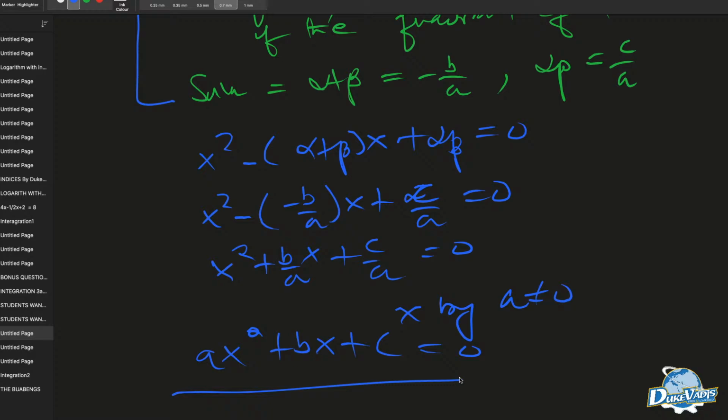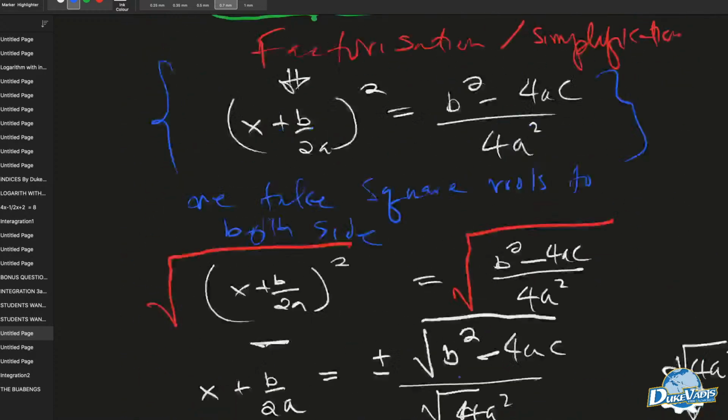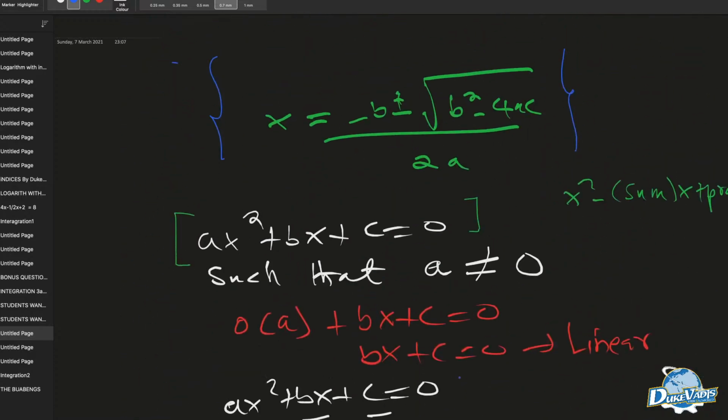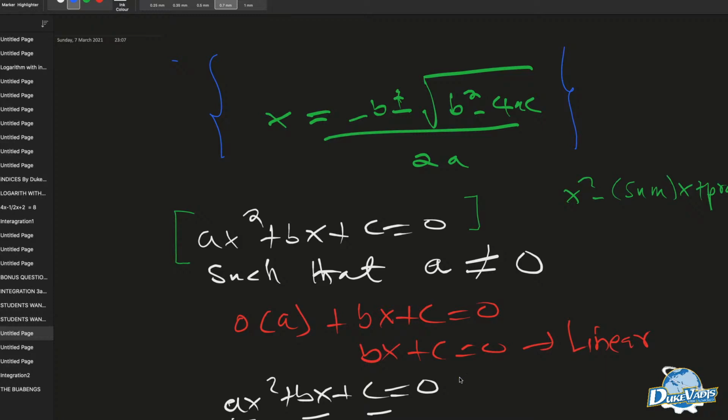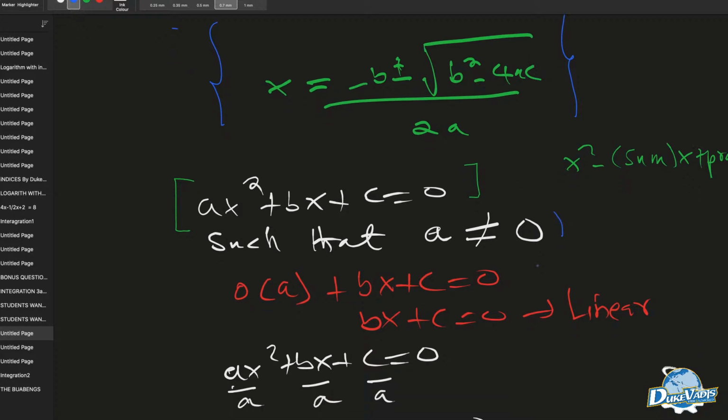Then, going back up, this equation is the starting point to the almighty quadratic formula. We divide through by a, such that a is not equal to 0.